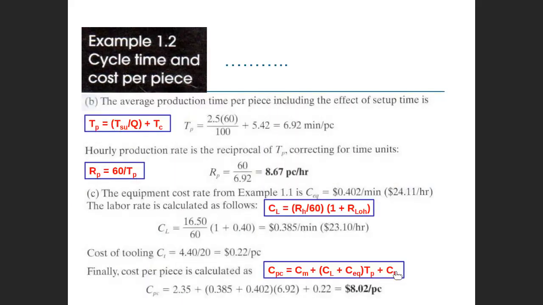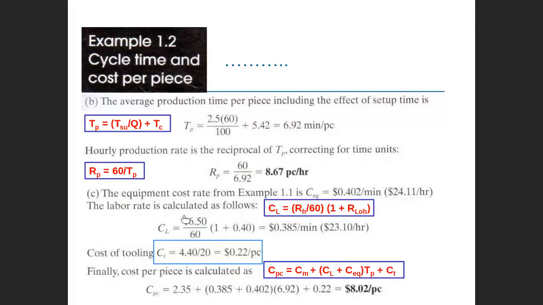So Ct equals 4.4 divided by 20. This is the Ct, so Ct is obtained.